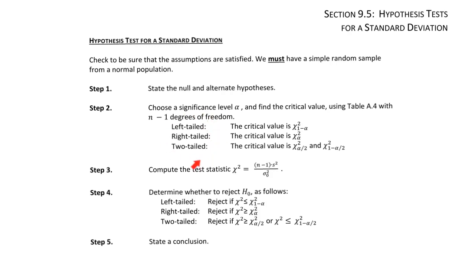Decide whether it is a left-tail, right-tail or two-tail test depending on the alternate hypothesis. Compute the test statistic. Then compare the test statistic with the critical value and decide whether to reject the null hypothesis based on this condition. Then state a conclusion.